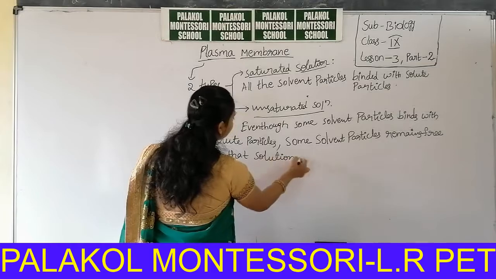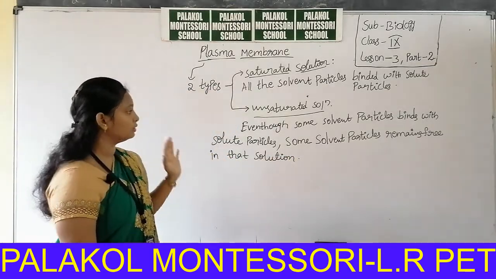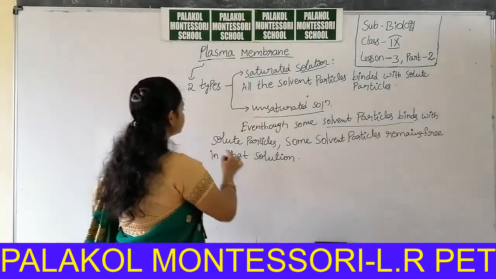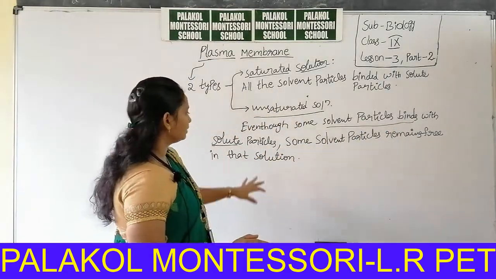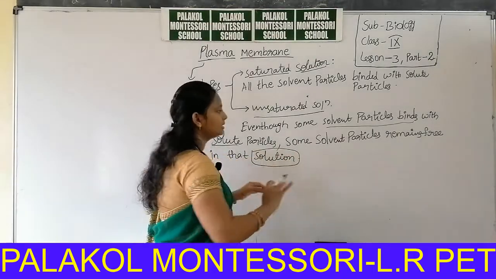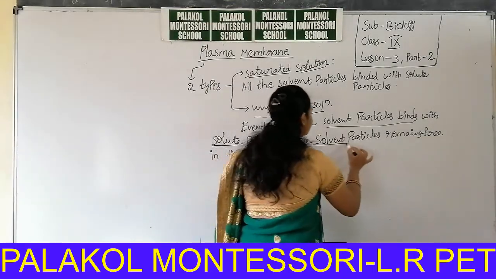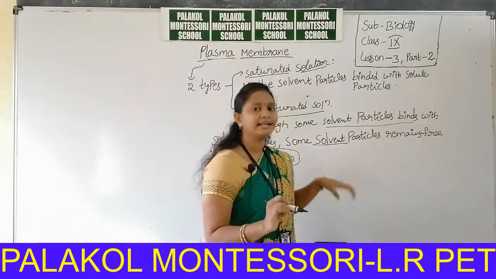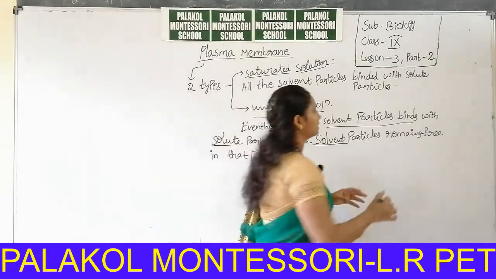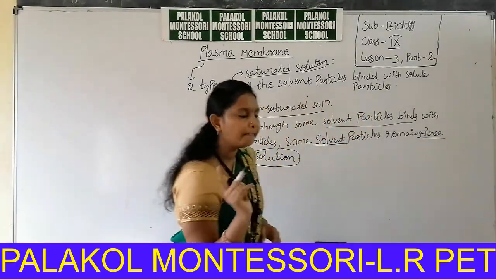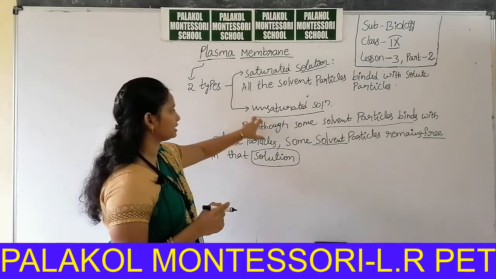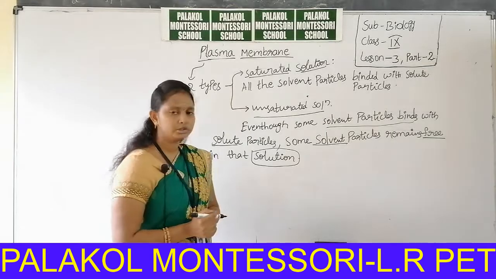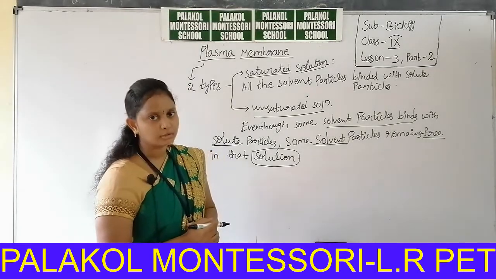That type is called an unsaturated solution. Some solvent particles bind with some solute particles, but if you observe the solution, some solvent particles are not bound with any solute. That means these solvent particles are completely free. That type of solution is called an unsaturated solution, students.